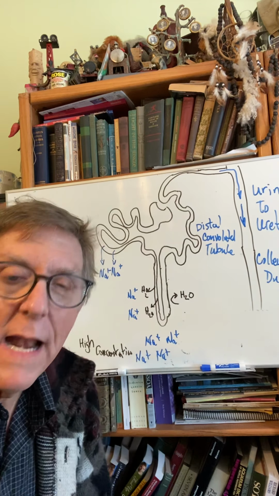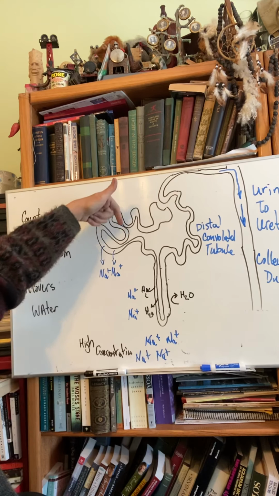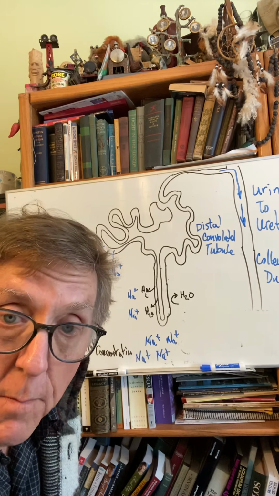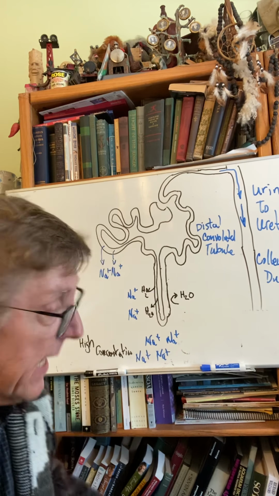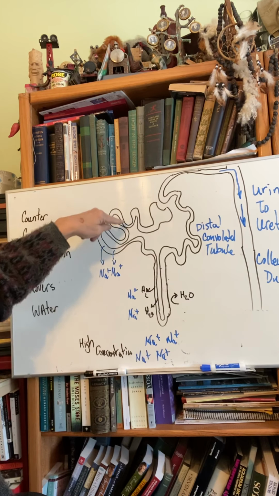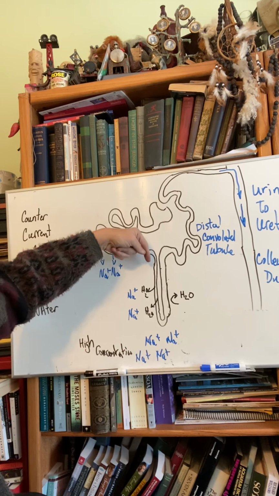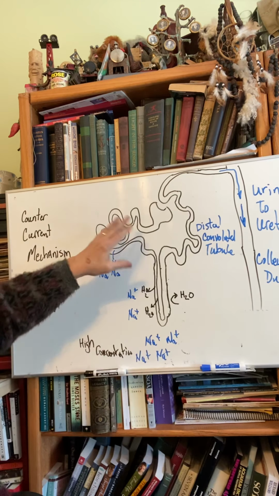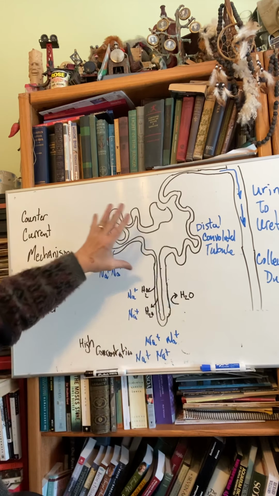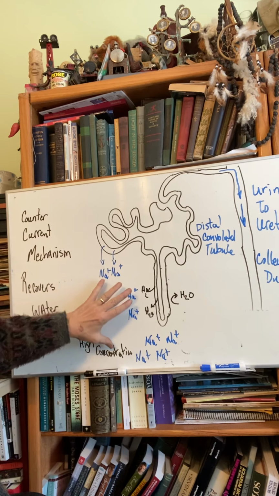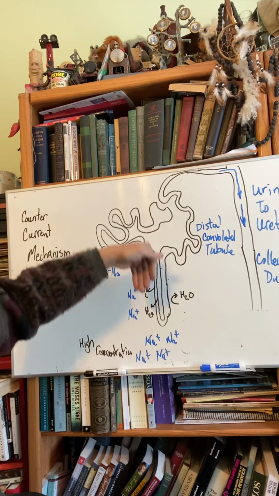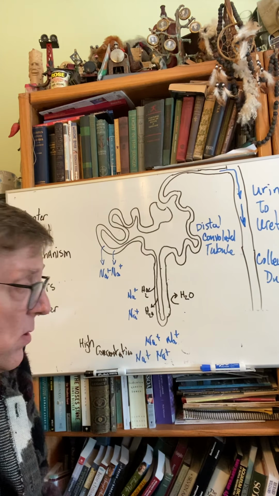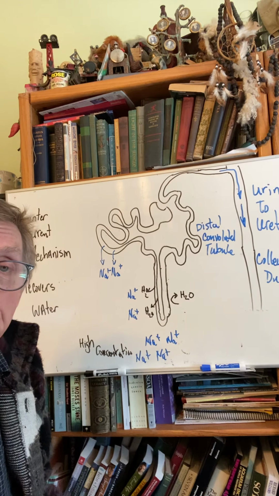And so what happens is, as the filtrate, that's the plasma that was filtered from the blood, moves from the proximal convoluted tubule down the loop of the nephron, you have sodium that we had said was actively recovered, and the deeper you go into the kidney towards the medulla, the more sodium there is.